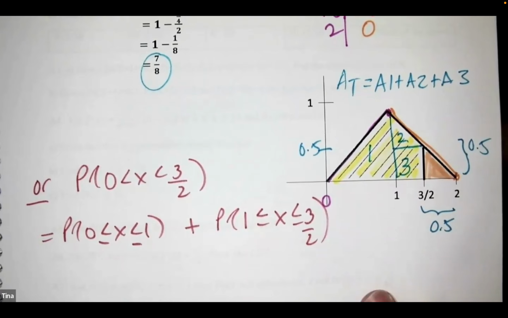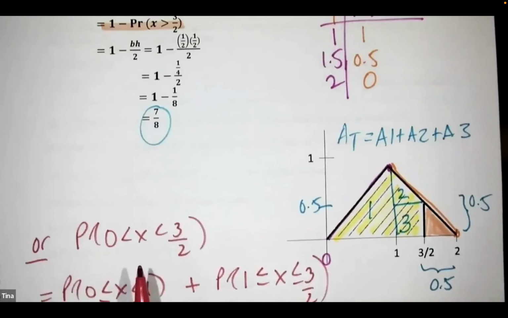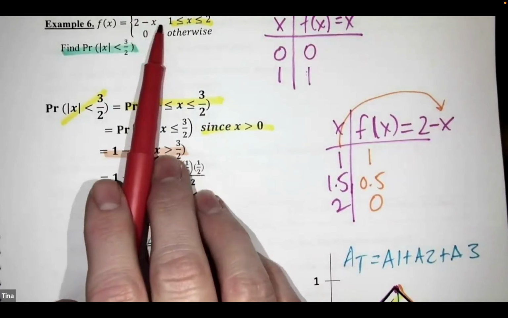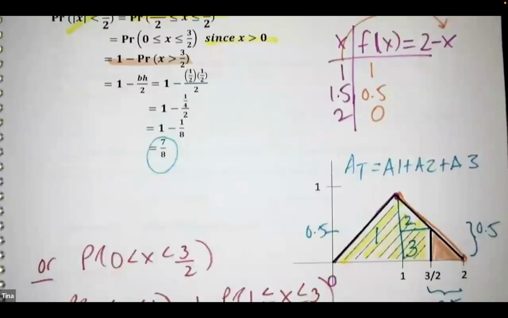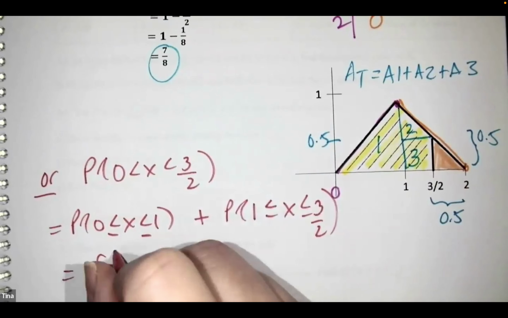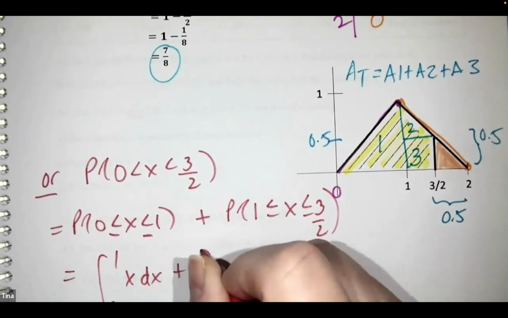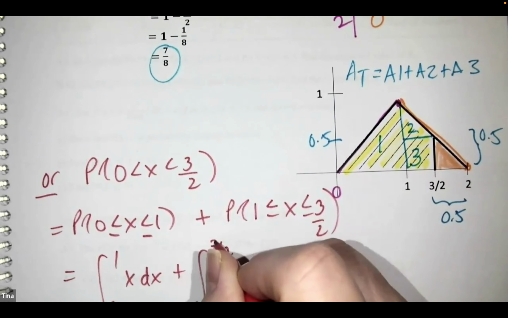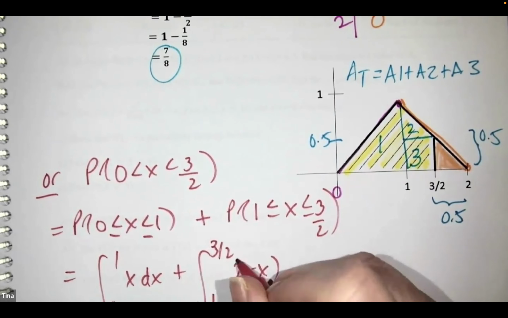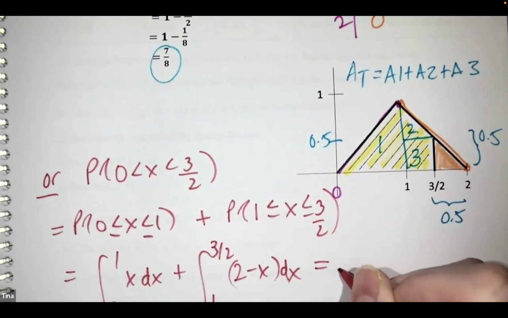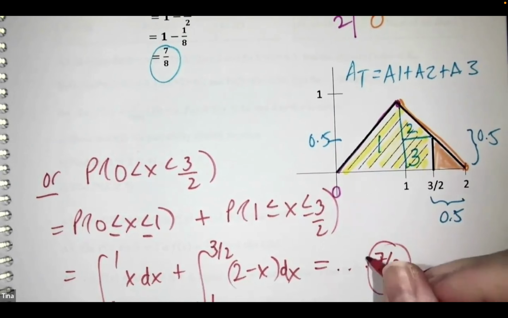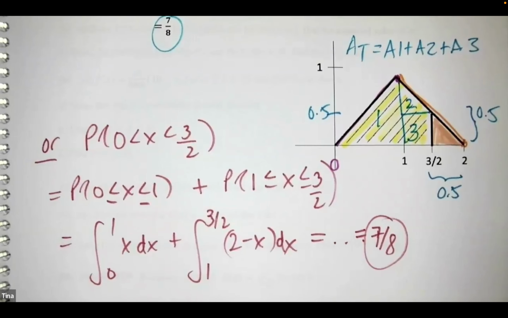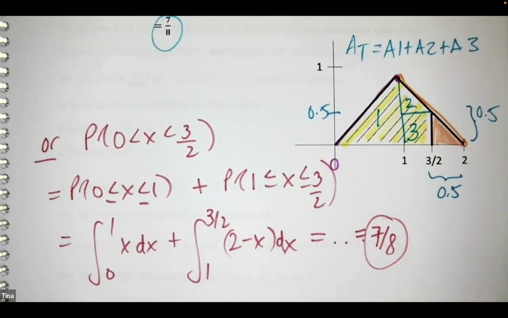Area has to be between two numbers. From 0 to 1, we'd have the integral of x. And for the second part, we'd have the integral of 2 minus x. So that's another possibility. So there's lots of ways to do these questions. You can calculate the area from the graph, or you can use integrals. So it's ultimately up to you.